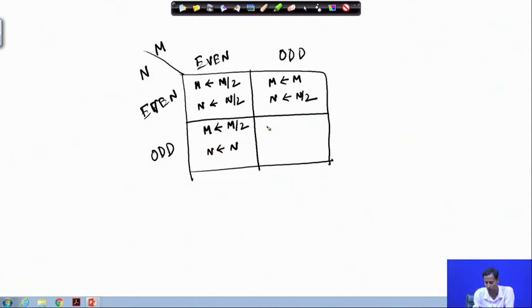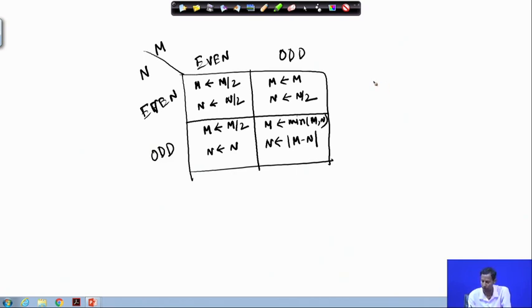When both are odd, at that time m equals the minimum of m and n, and n equals the mod of m minus n. Okay. So, this is the operation table for this particular algorithm. So, what do I need to do?